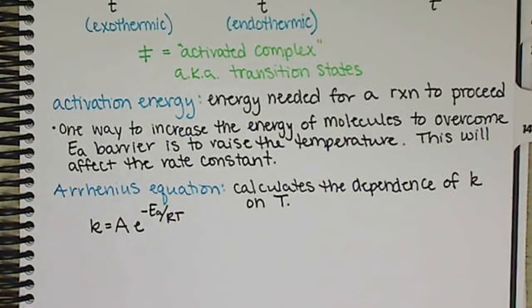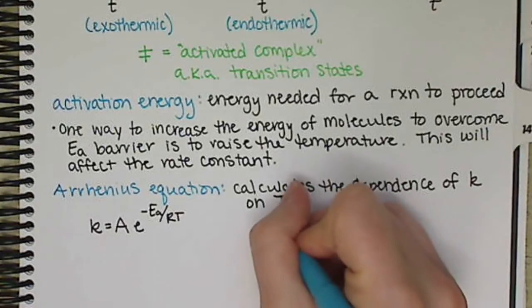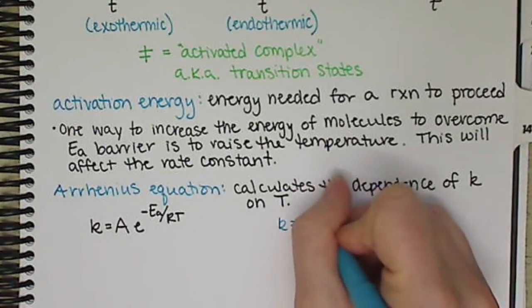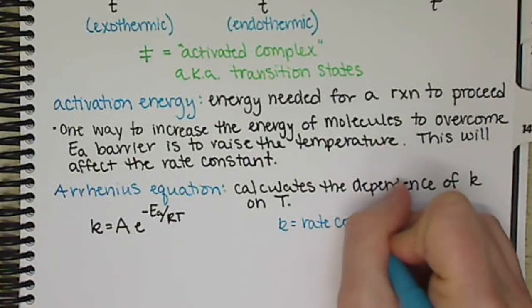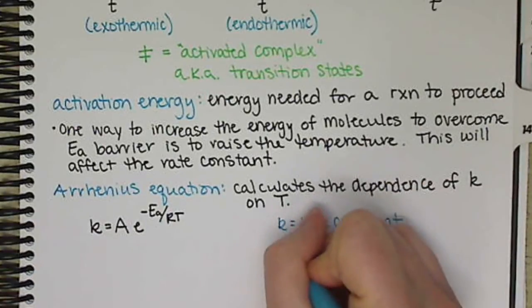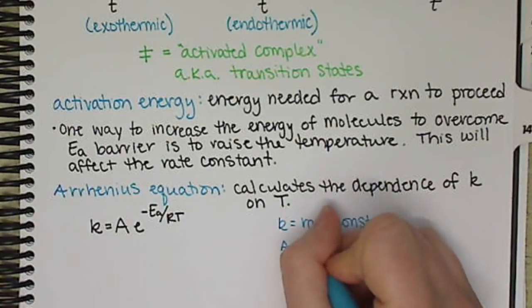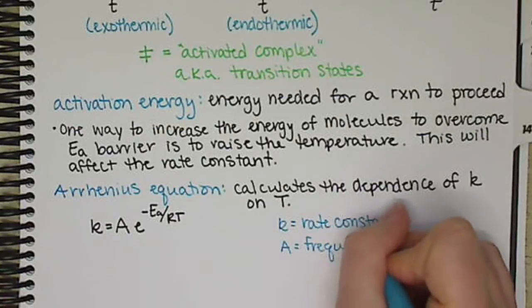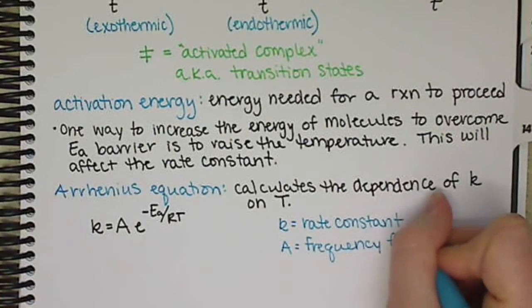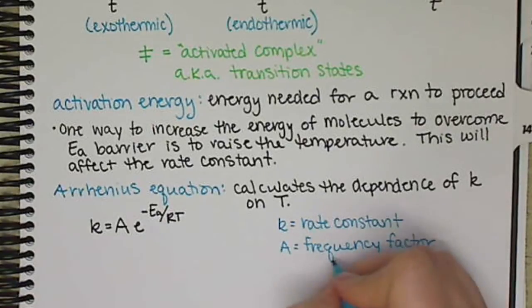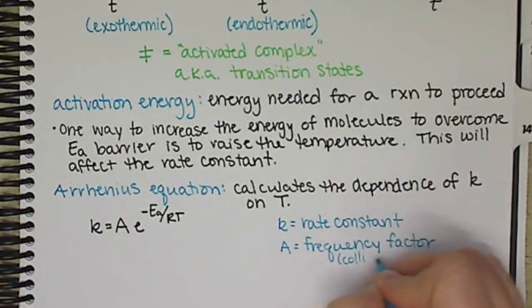Essentially, it's a value that puts a number on our collision frequency. And we have e to the negative E_A, activation energy, over R times T. So k is our rate constant, and A is our frequency factor, basically our collision frequency.